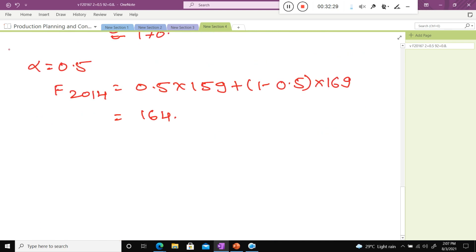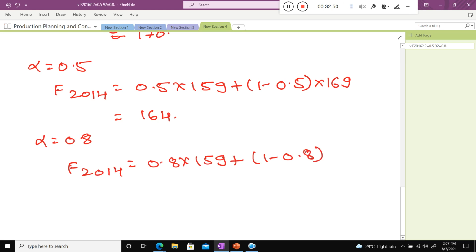Now for alpha is equal to 0.8, F 2014. 0.8 into 159 is the demand of my previous year 2013, plus 1 minus 0.8 into, here what I need to consider, 170.